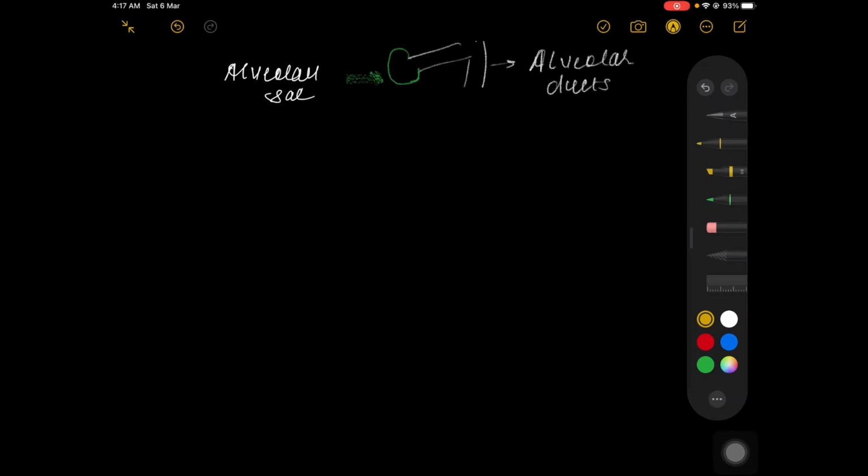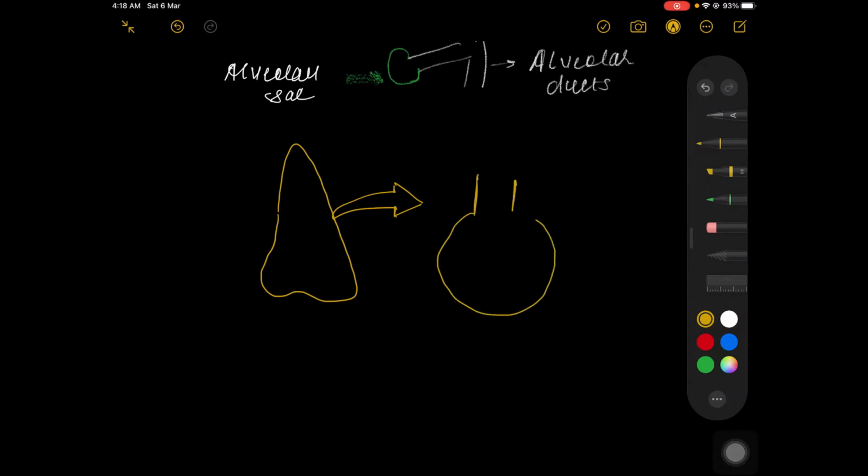These lungs basically perform the function of inspiration and expiration, and we all know that the building block of the lung is the alveolus, where the gaseous exchange takes place.